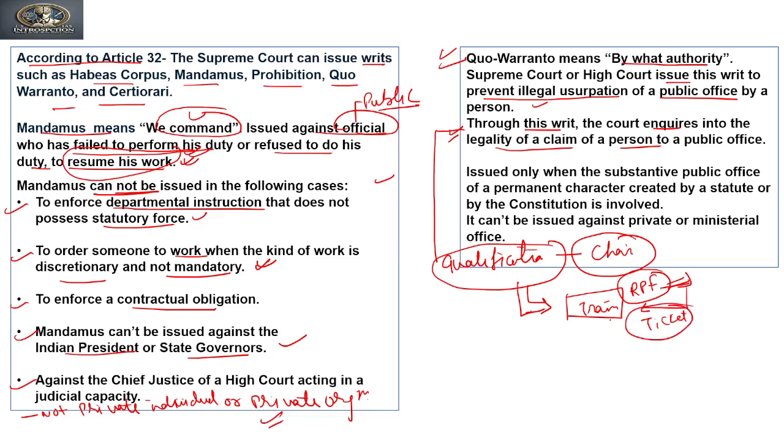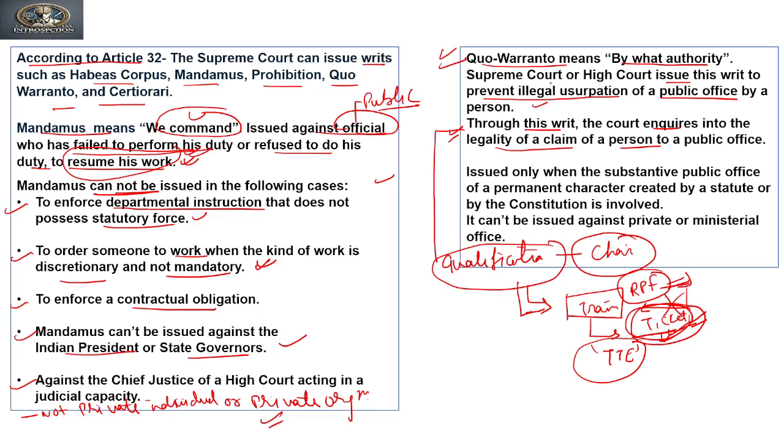You can ask him under what authority you are asking for a ticket, because it is the TTE who is responsible for checking the ticket. It is not an RPF person who checks your ticket. So under what authority, by what qualifications? Do you have the qualifications to check anyone's ticket? No, so you cannot check the ticket. This is one example to understand quo warranto.